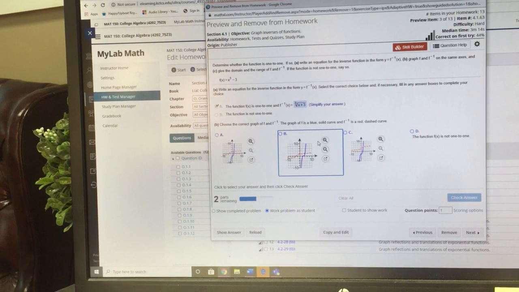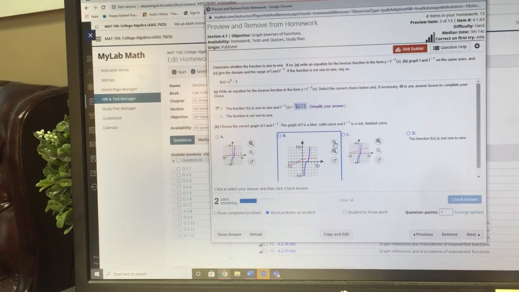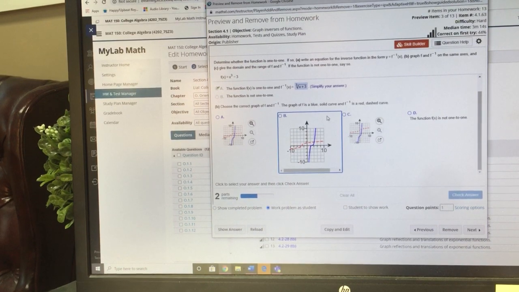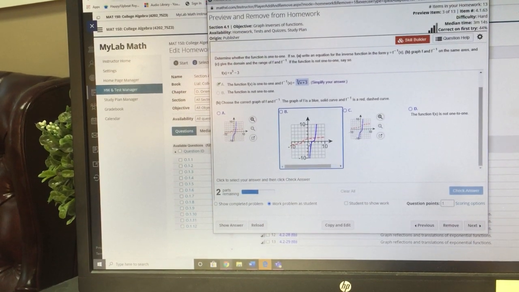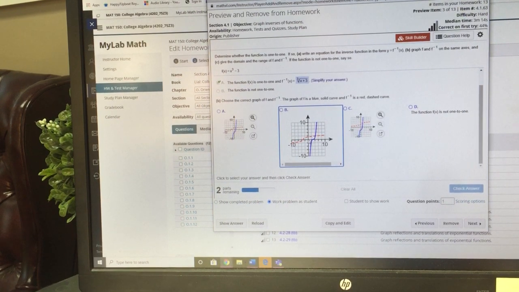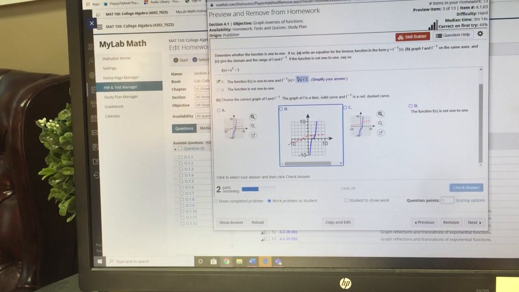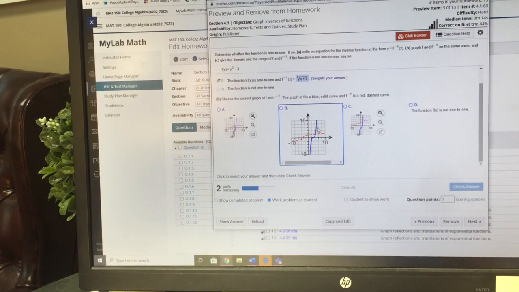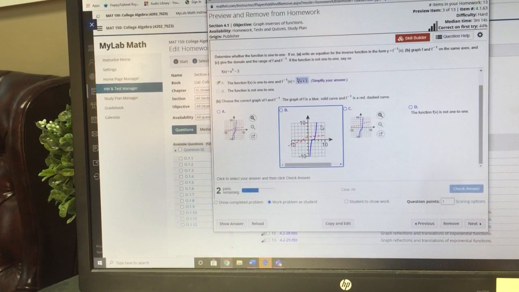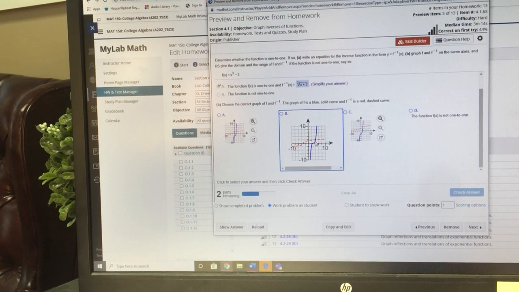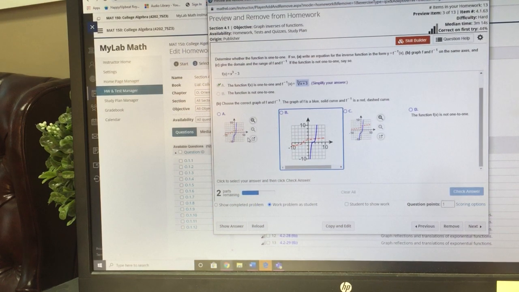You can blow this up several times and make it bigger and bigger. That diagonal line goes from this corner to this corner, to this corner, to that corner, and that's not where this intersection occurs. So B is not right.